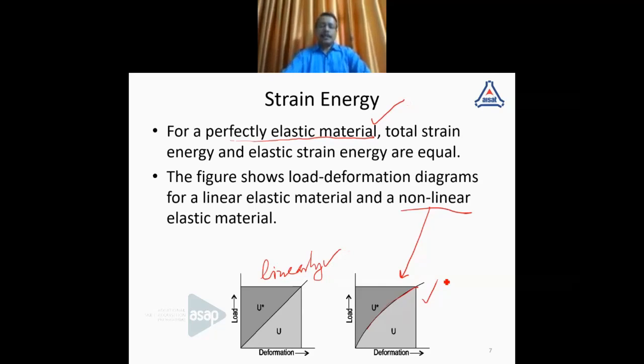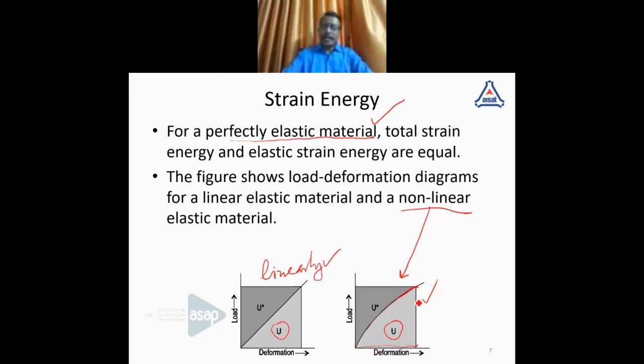And here, the light colored area, or the area marked as U, represents the strain energy, elastic strain energy. It is the area under the curve defined by the deformation axis.